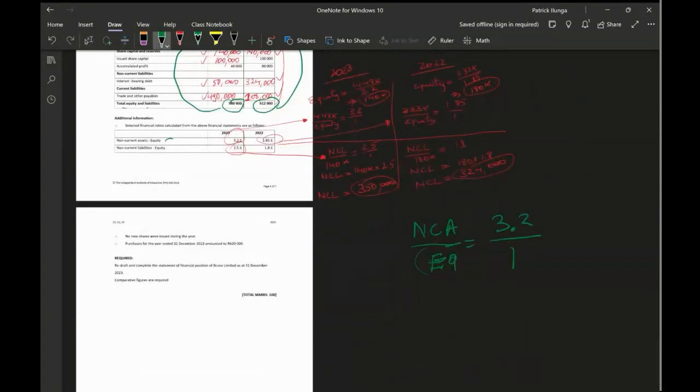We don't have the equity. How do we get the equity? Simple. Equity, you just need to shift it like this. I mean, this is high school level. So equity will be equal to, you shift this one there, this one will come down here. So non-current asset divided by 3.2.